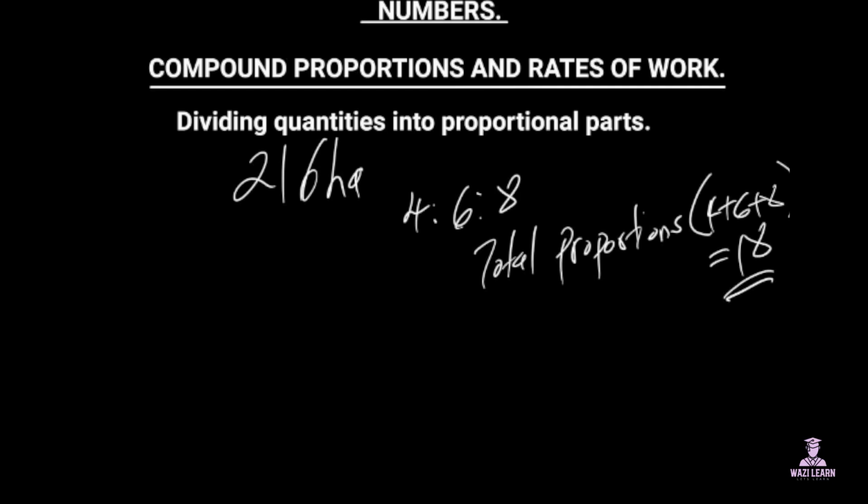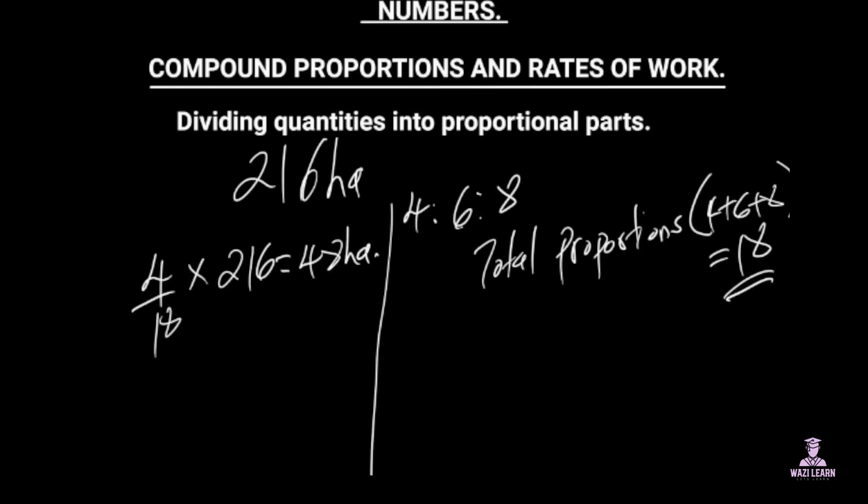So we'll take each part, divide by the total proportion and multiply by the quantity, which is 216 in this case. So it will be 4 divided by 18 times 216. This one will get 48 hectares.